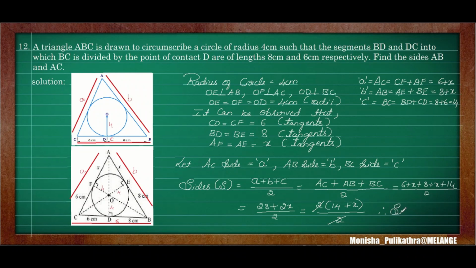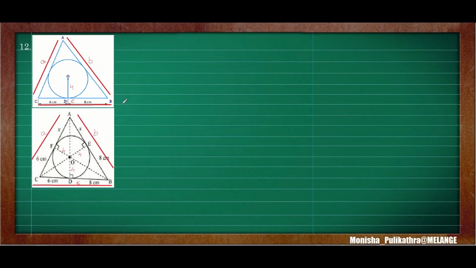Therefore, the semi-perimeter is 14 plus x. We need to calculate a lot more here. I will continue. So we have found the value of s, that is s is equal to 14 plus x. So this is the first section.